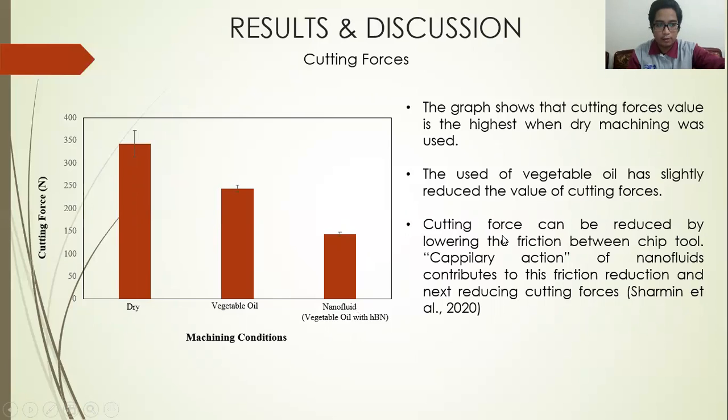The cutting force can be reduced by lowering the friction between chip and tool. Capillary action of nanofluids contributes to the friction reduction and hence reduces cutting force, by Sharmin et al. This capillary action refers to the ability of liquid to flow in a narrow space. This narrow space refers to the space between the cutting tool and also the machined material.